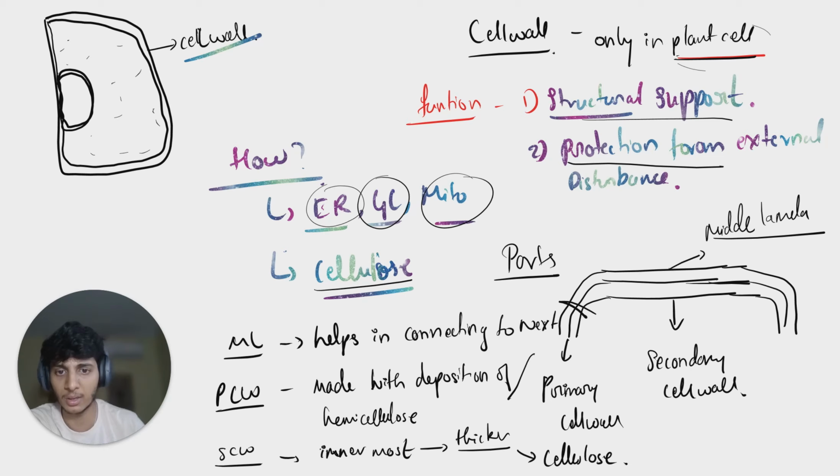There are three parts: the middle lamella, which helps in connecting to the next cell, the primary cell wall, made with deposition of hemicellulose, and the secondary cell wall, the innermost, thicker layer made of cellulose. So we have studied two concepts: the protoplasm and the cell wall.